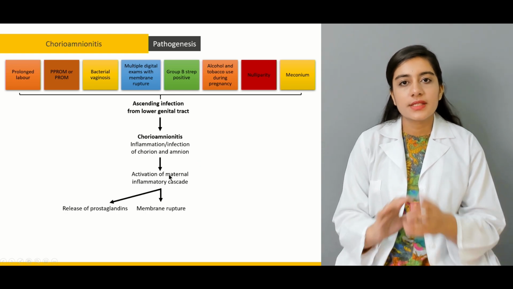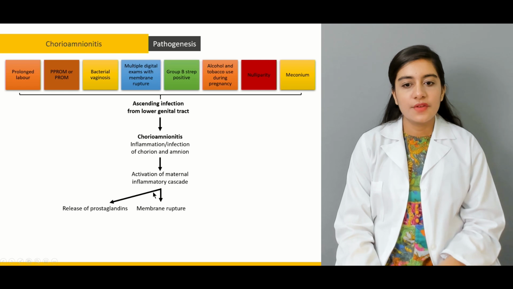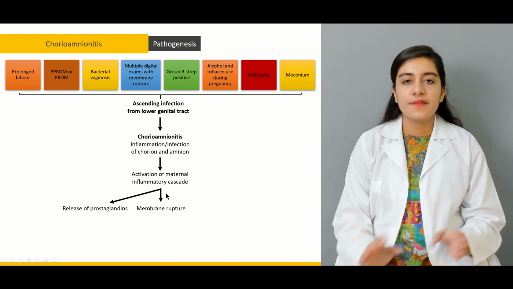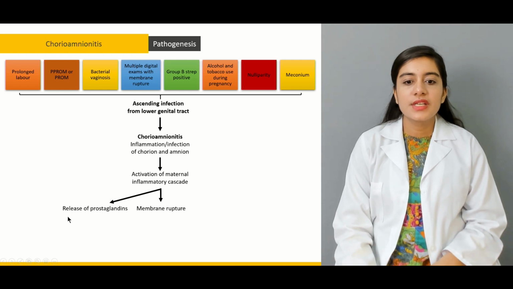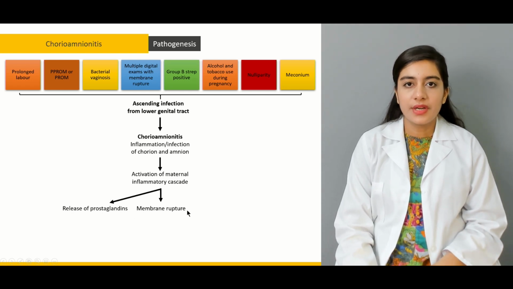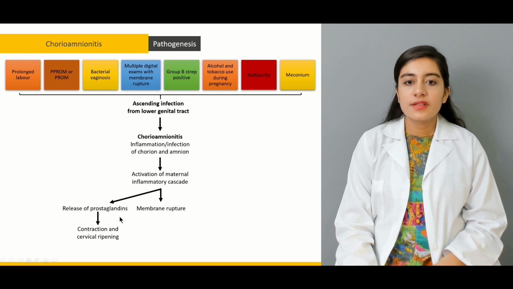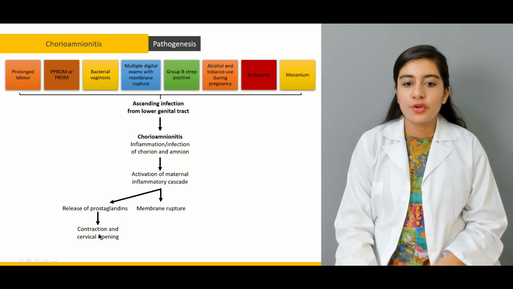Now, this process, that is the activation of the maternal inflammatory cascade, will result in different forms. The first one is the release of prostaglandins and then membrane rupture. If there is release of prostaglandins, there are going to be contractions and cervical ripening.